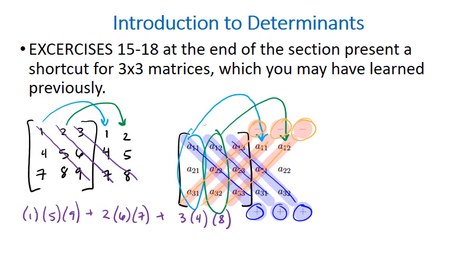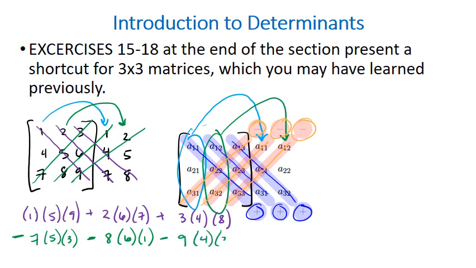And I will subtract the opposite diagonals. So the product of 7, 5, and 3 minus 8 and 6 and 1 minus the product of 9 and 4 and 2. Okay, I have no idea what that is. I made that up on the fly. So a shortcut.